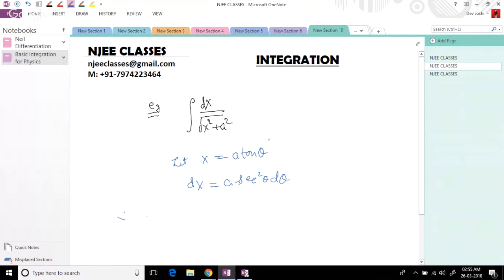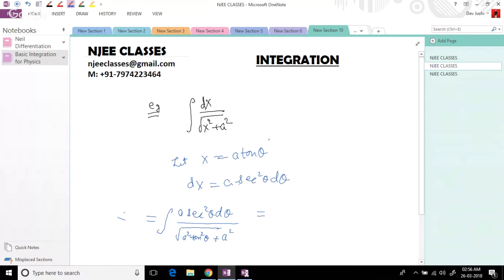So that is going to be equal to the integral of a sec square theta d theta divided by, what we have, under root of a square tan square theta plus a square. Correct.